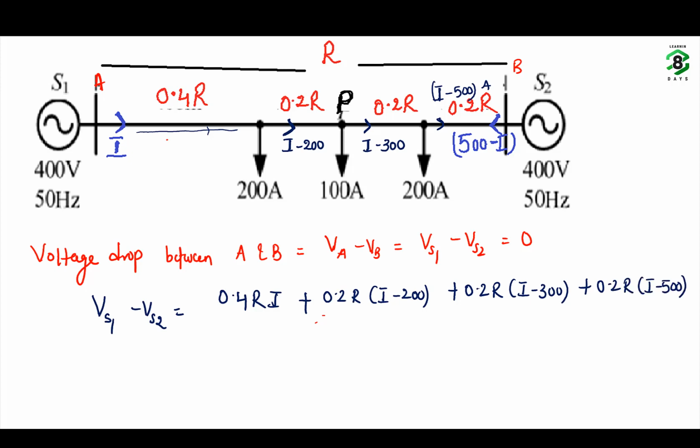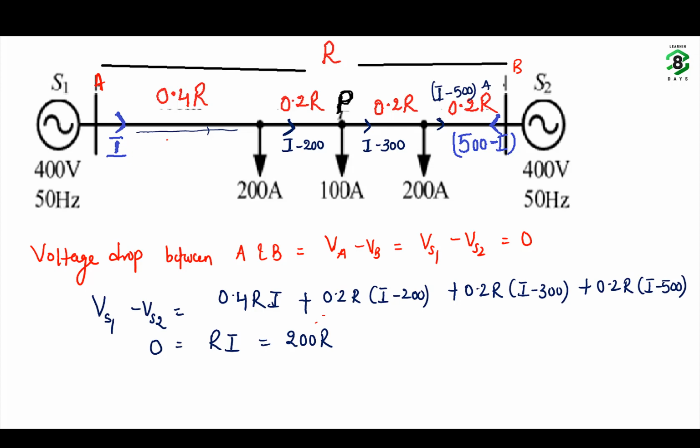This is the total voltage drop in the distributor from the above assumptions. This value will become 0. It all boils down to R I equals 200 R.